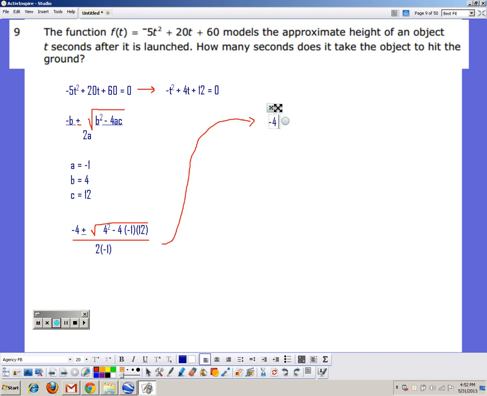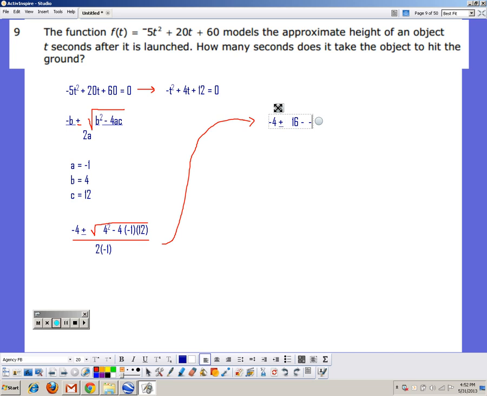So, negative 4 plus or minus the square root of 4 squared is 16. Now, 4 times a negative 1 times a negative 12, 4 times negative 1 is a negative 4 times 12 is a negative 48.